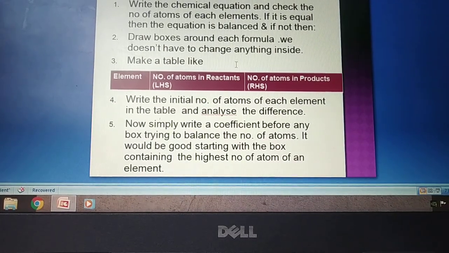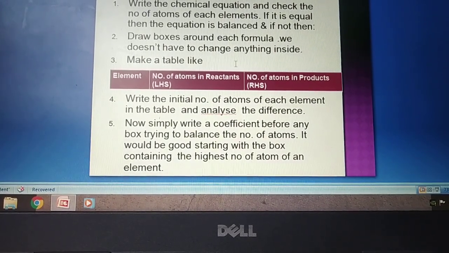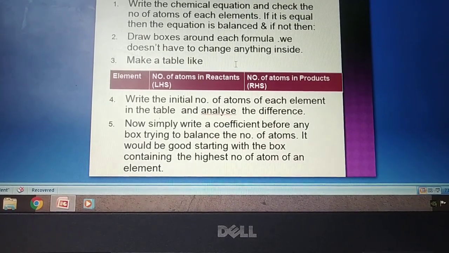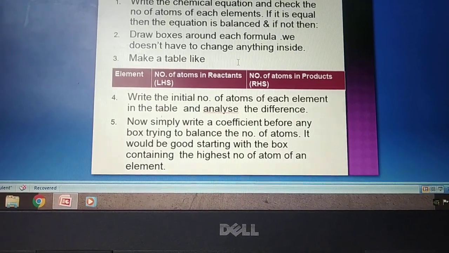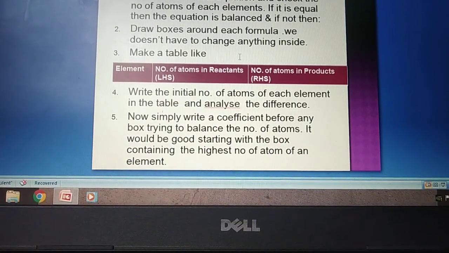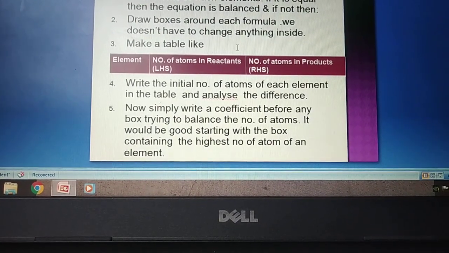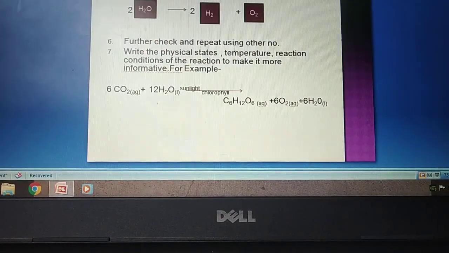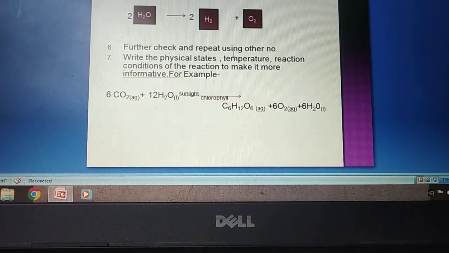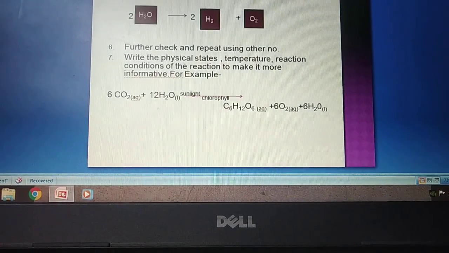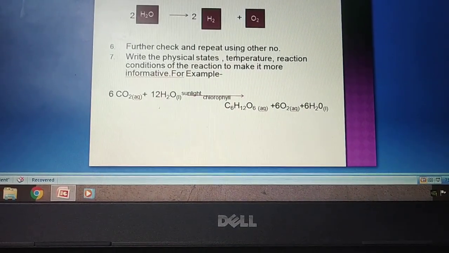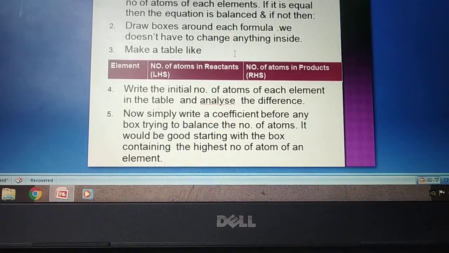For example, while doing practical, we take grams of atoms, grams of element or substance, and this is the representation of the amount of substance taking part in the reaction.